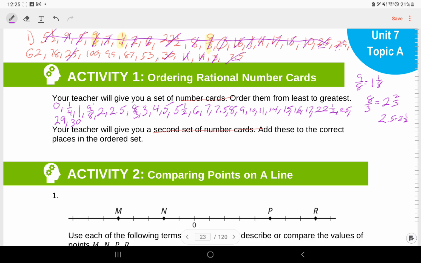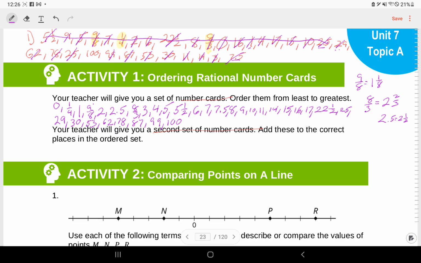Then after 30, I've got 53, 62, 78, 87, 99, and 100.